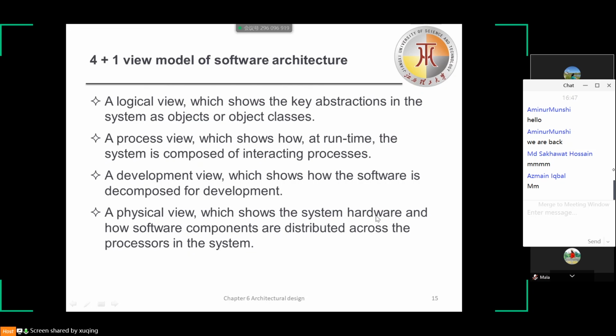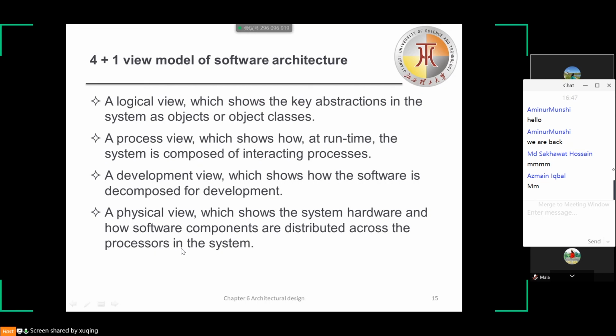It shows the system hardware and how software components are distributed across the processors in the system. This physical view is useful for systems engineering, planning, or system deployment.